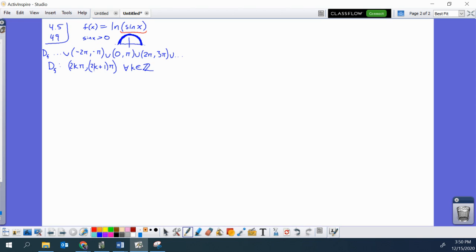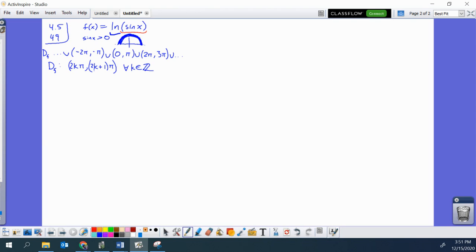And so when you go from 0 to pi, you're going to get these values as an output. Those are going to get plugged into the natural log function. And then the next time you go through from 2 pi to 3 pi, you're going to hit those same sine values that are going to get plugged into the natural log function again. So you're going to get the same output again. This whole thing is going to be a periodic function.